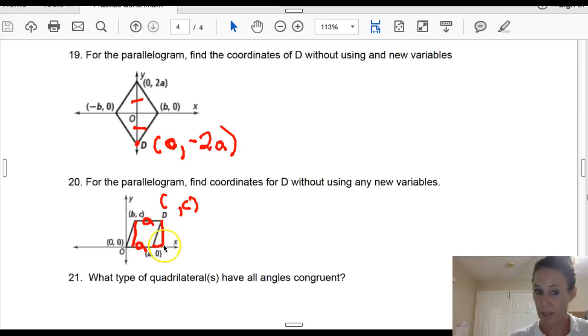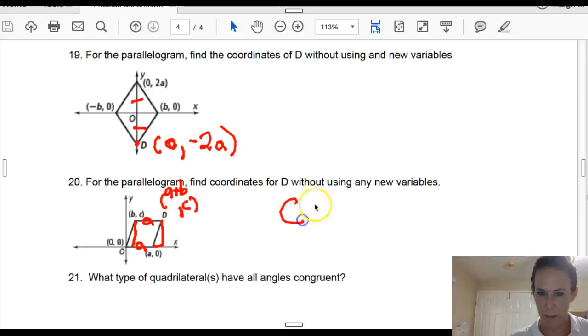Right here is a, and that's the little section left over. That little section is b. I go over b here, and then I add this length a. So this point all the way to here is going to be a plus b. That's my x part, and then my y part is c.